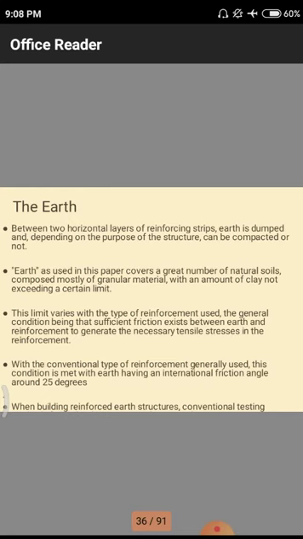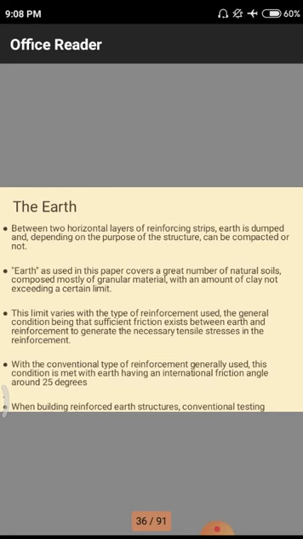When building reinforced earth structures, conventionally we need to conduct some tests whenever we use these structural parts for reinforcing earth. Normally, first of all we need to test the skin, that is, how much pressure it can bear and what the maximum compressive strength of the skinning element is. Second, for the reinforcement bars, we need to test the tensile strength.